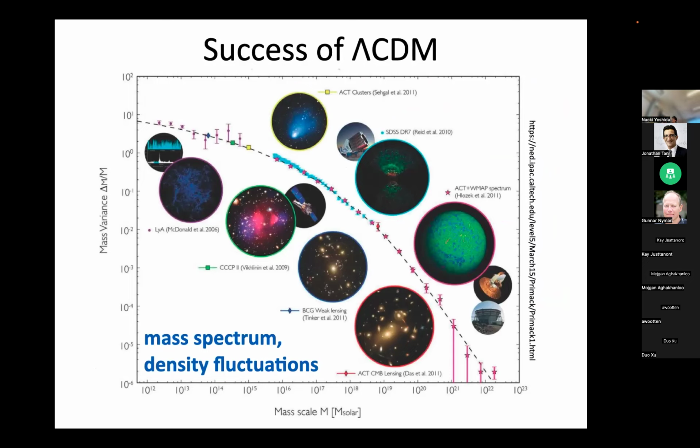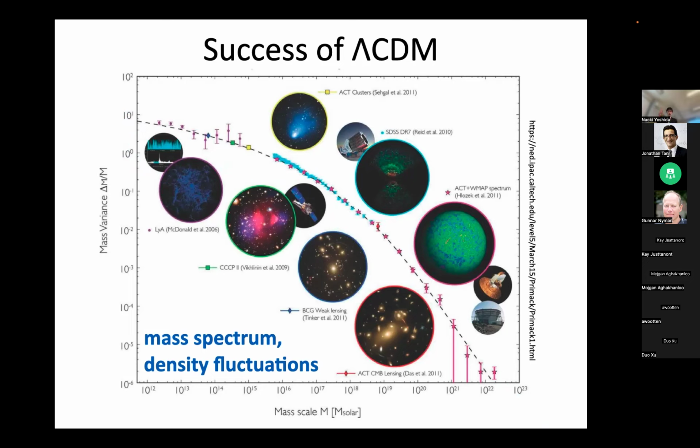So this shows the mass spectrum, the abundance of massive objects from small galaxies to galaxy clusters, compared with a variety of observations from CMB, galaxy clusters, galaxy redshift surveys, and Lyman alpha forests, and so on. So this impressive agreement between the theory curve and observed data points, this is what people call the success of lambda CDM.